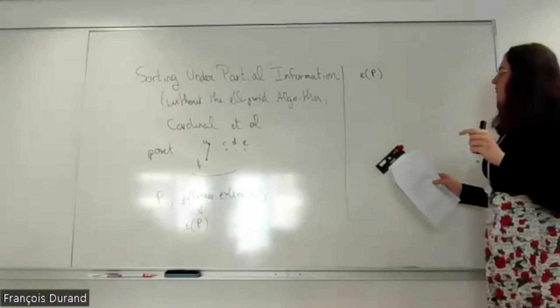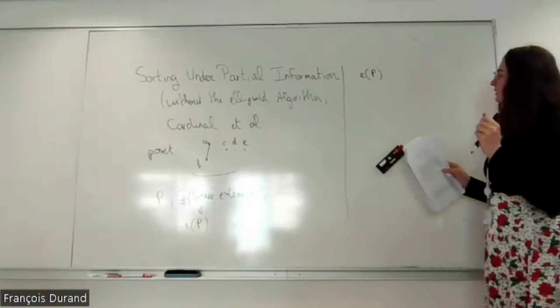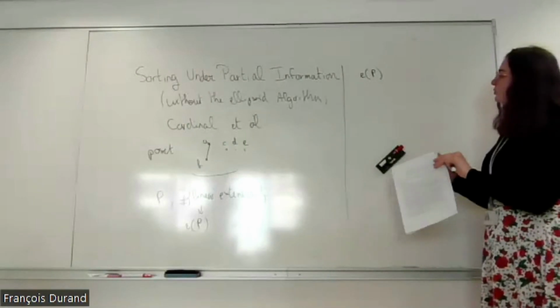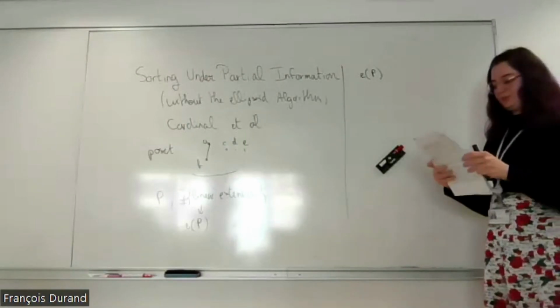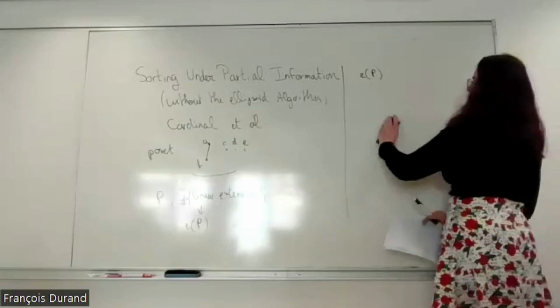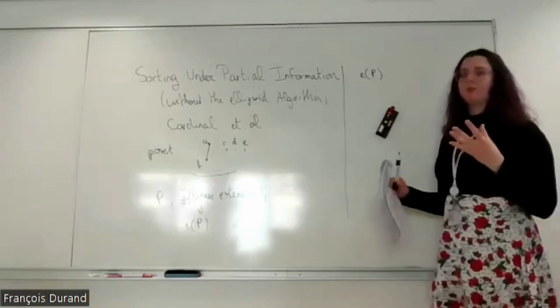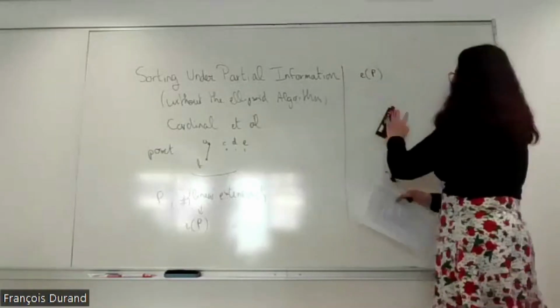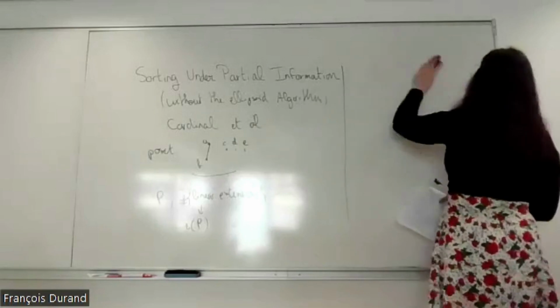To do this, we are going to introduce something called graph entropy, and we're going to apply it to our poset.